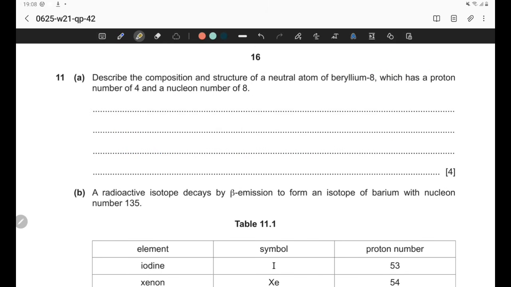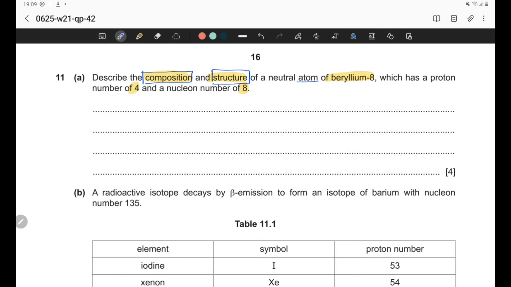Question 11 part A. Describe the composition and structure of a neutral atom of beryllium-8 which has a proton number of 4 and a nucleon number of 8. So we have to describe both composition and structure of this atom.